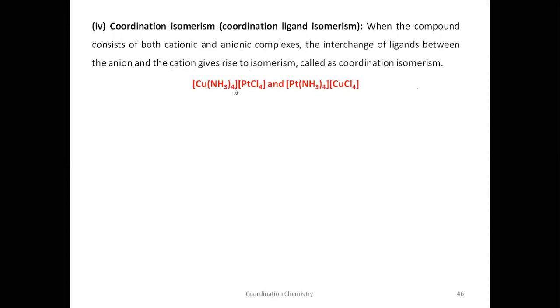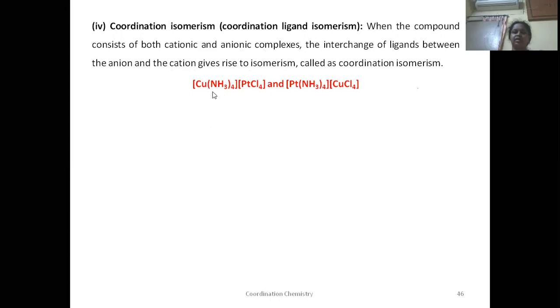See here, this is the cation. This is a complex. And tetrachloroplatinum, this is also a complex. This is cation, this is anion. Both are complexes. Here also this is cation, this is anion. So when both cation and anion are complexes, we can see this type of isomerism, that is coordination isomerism.